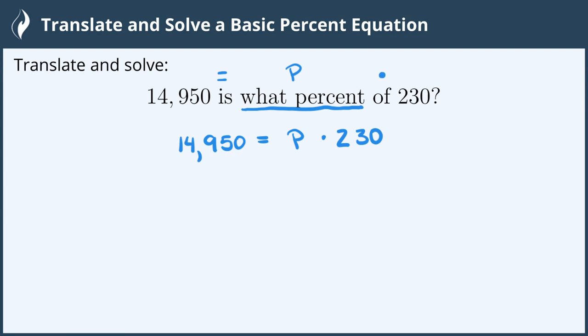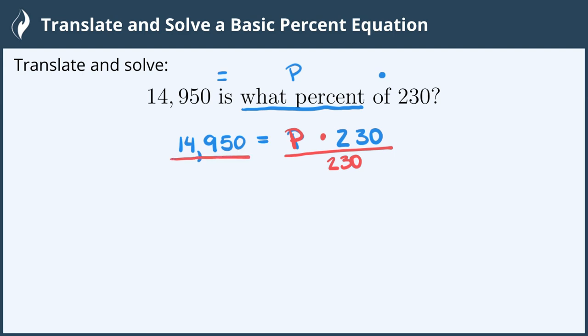Now to solve an equation like this, we need to find the variable and isolate it on one side of the equal sign. And so we see it's over here, and we find all of the operations with it. It's being multiplied to 230. To isolate it, we need to do the opposite to negate that. So the opposite of multiplying is dividing by 230, but you can't just do it to one side of the equal sign.